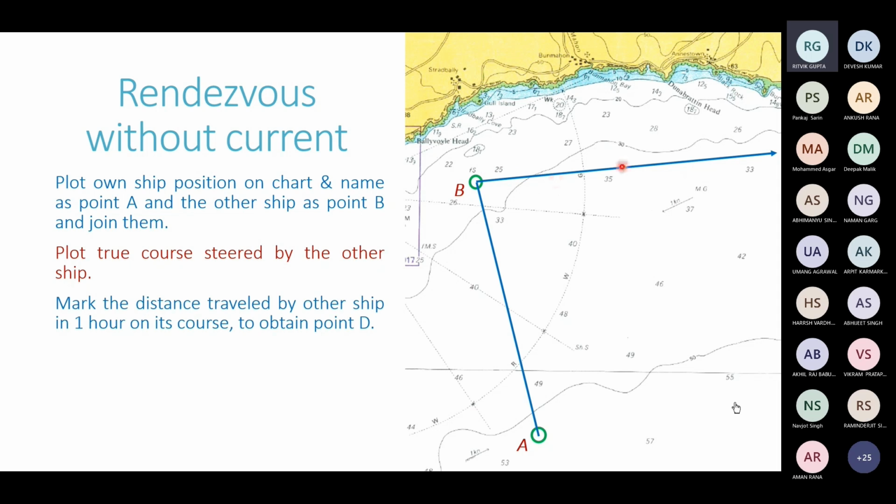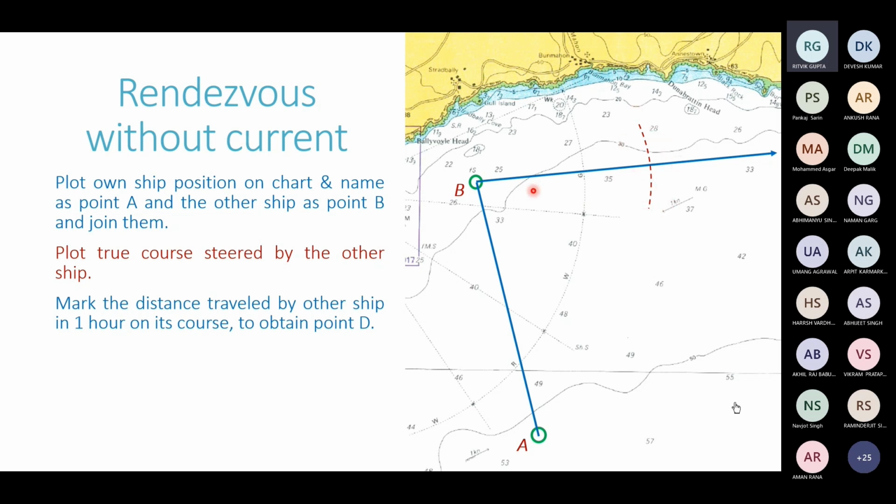Now on this course line, we have to mark the distance traveled by the other ship in 1 hour on this particular course. So we will open up our compass equal to the distance covered by the other ship in 1 hour. Center our compass at B and draw an arc. So you can see this arc.